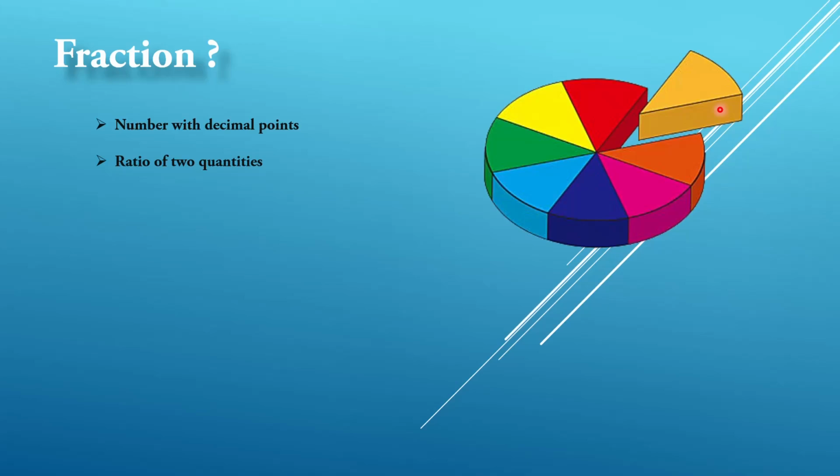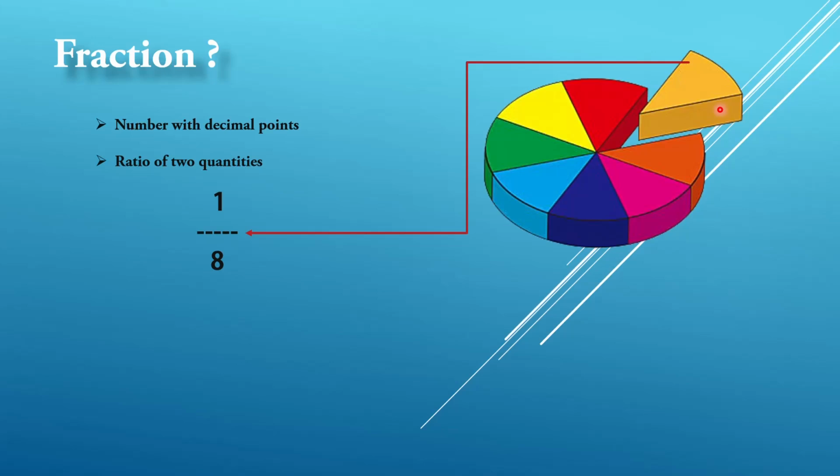So how much of that pizza do I have in my hand? 8 parts we have for that pizza, and I have taken one part, so it will be 1 by 8. How much pizza do I have? 1 by 8. And how much is remaining? 7 by 8.